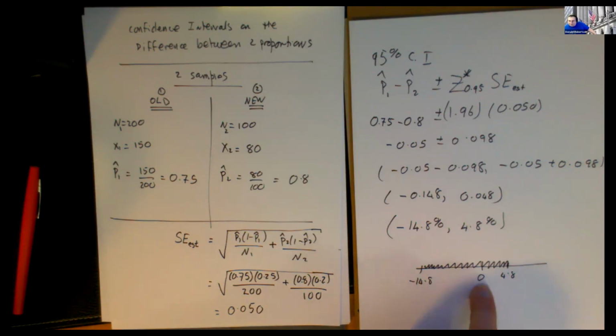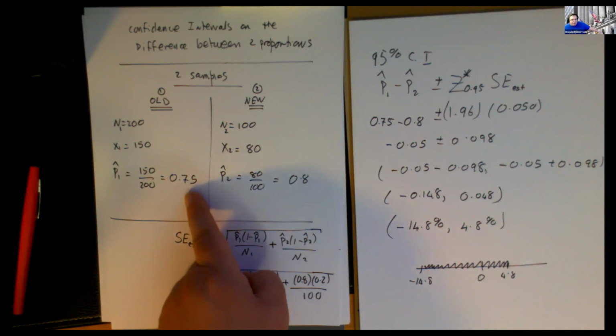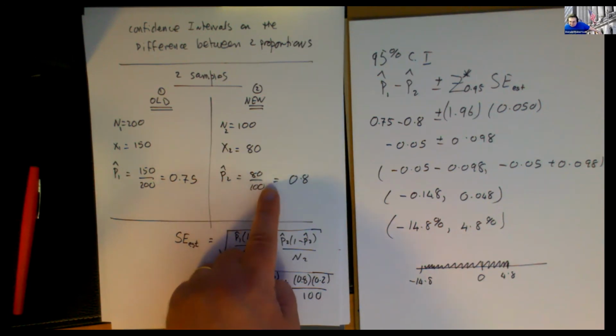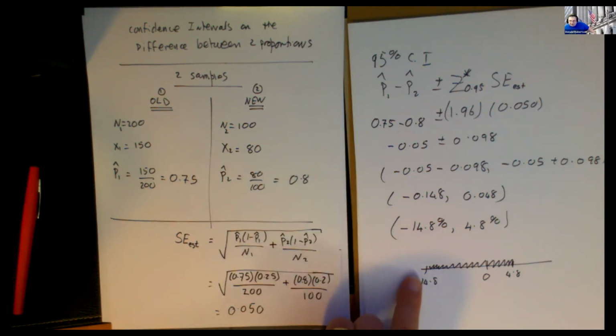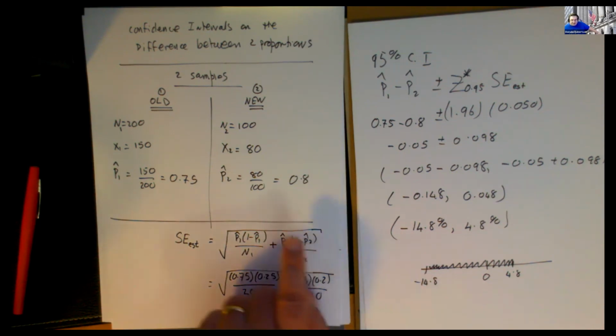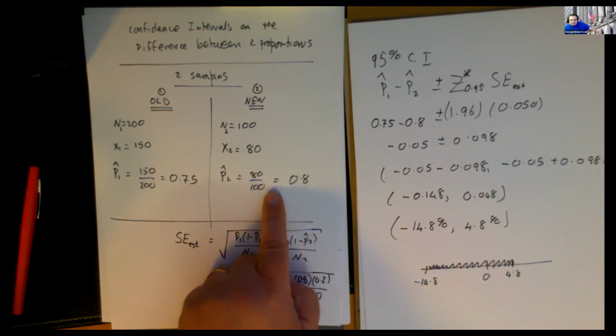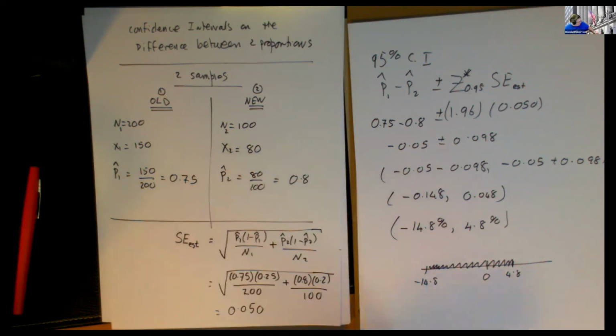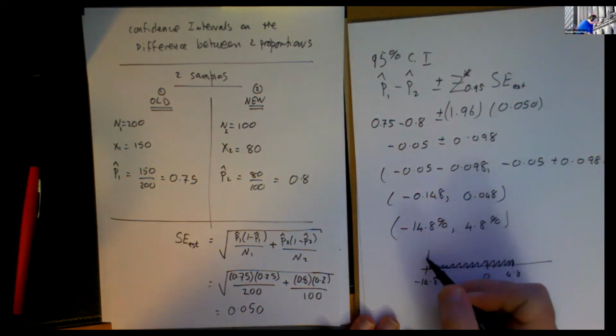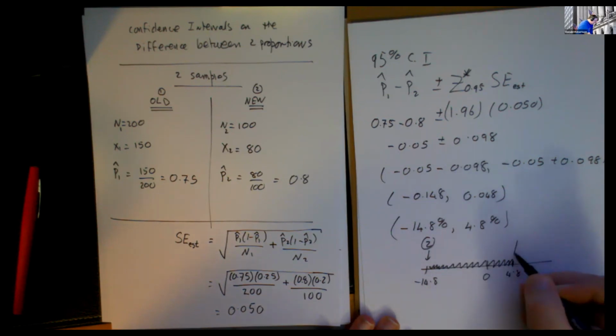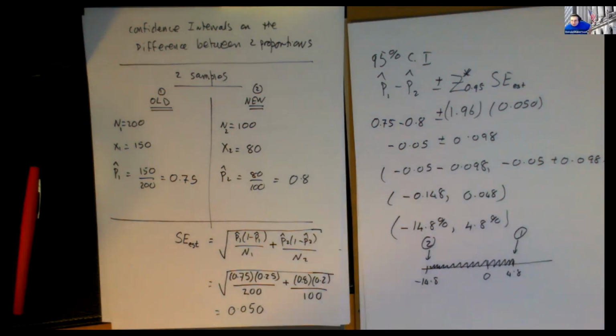If the answer could be 4.8, do you know that's saying that this drug is 4.8% better than that one? And at the other end, it's negative 14.8, which is another way of saying this guy is 14.8 smaller than that guy. So can you see that at this side, drug 2 is better, but at this side, drug 1 is better? There is no conclusive evidence that either one of those is guaranteed, right, to win.